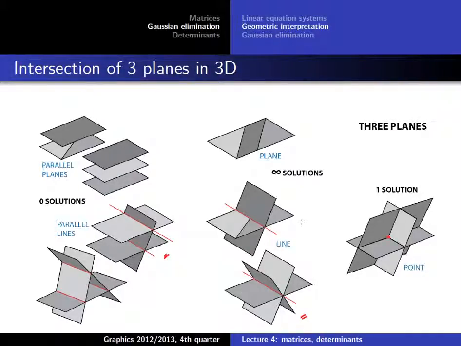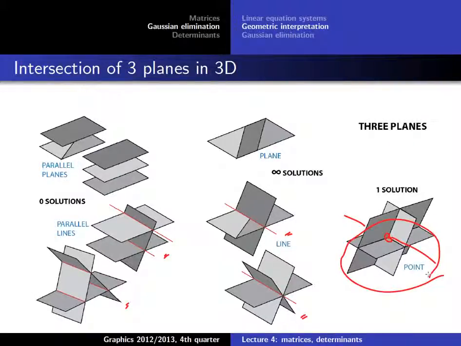It can also be identical to one of them, but it can also happen that we have zero solutions, by intersecting in a way that the three intersections with the other planes are just lines that are all parallel to each other. Then, of course, we also don't have an intersection point. And, of course, it can happen that it intersects with this line, but only in one point. And this is actually probably the most common case.